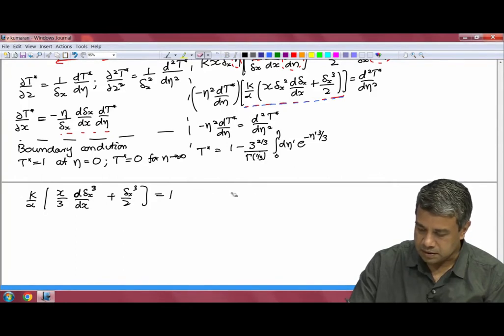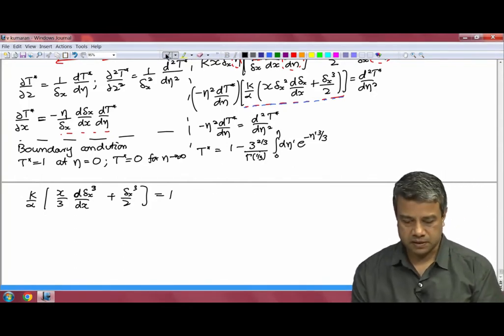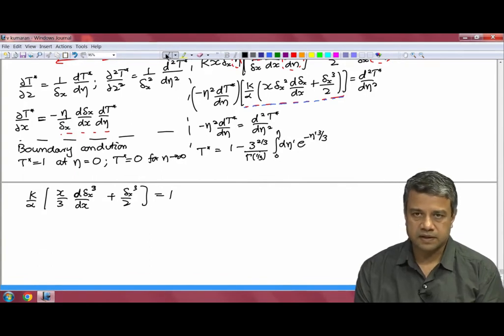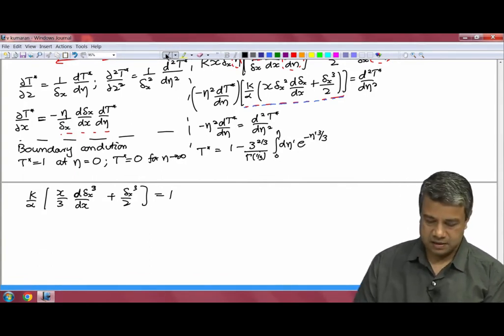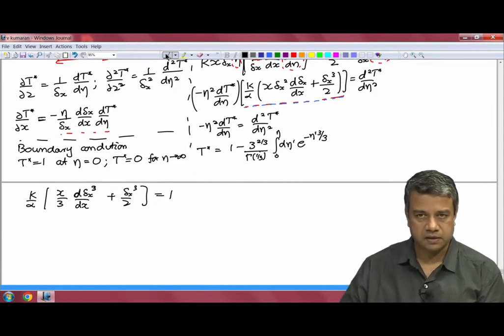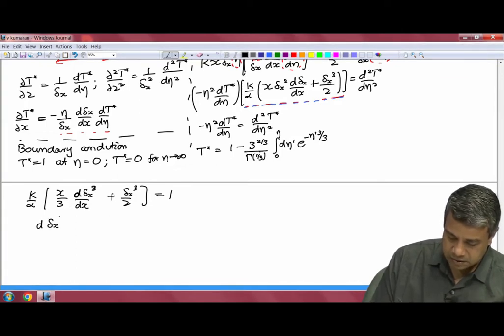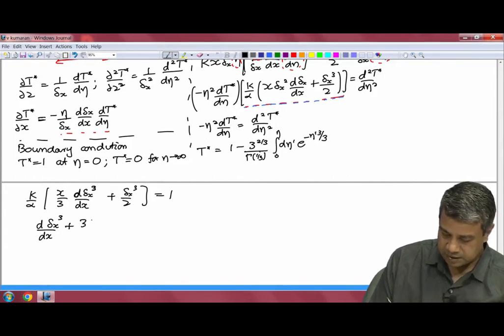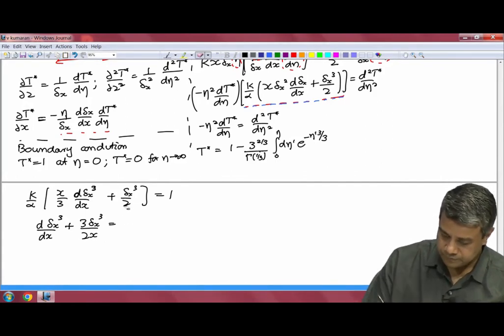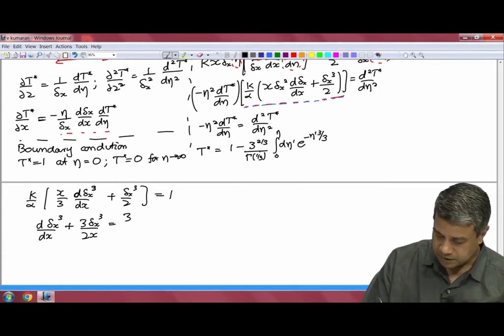I can rewrite this equation a little to get a first order differential equation for the variable delta x cubed. I will get d delta x cubed by dx plus 3 delta x cubed by 2x is equal to 3 alpha by kx.